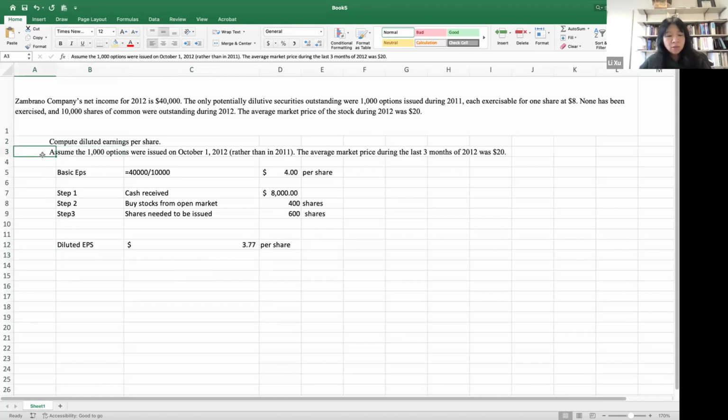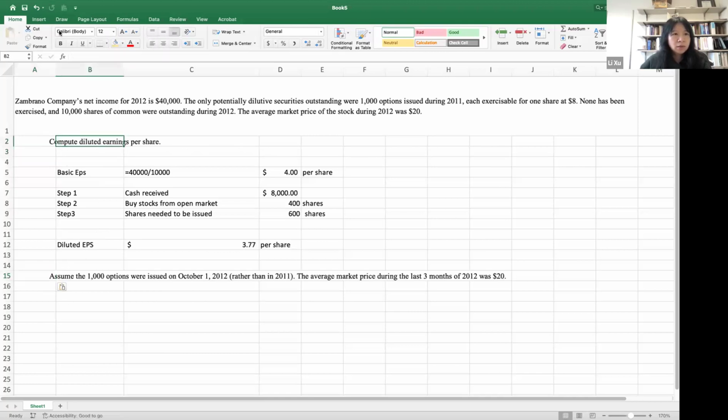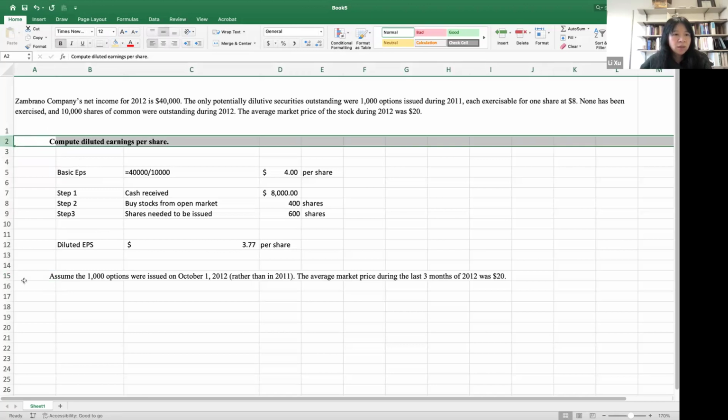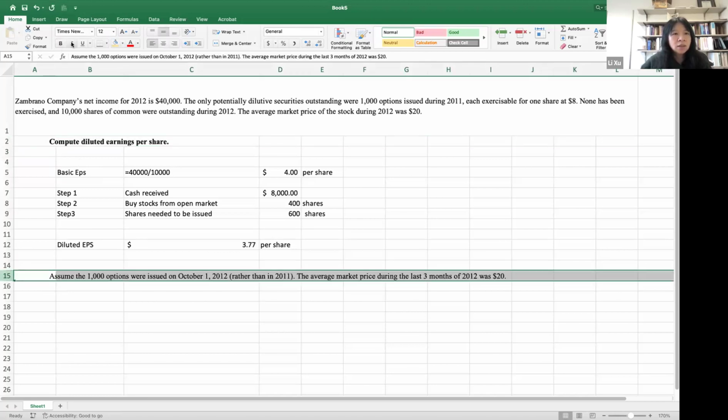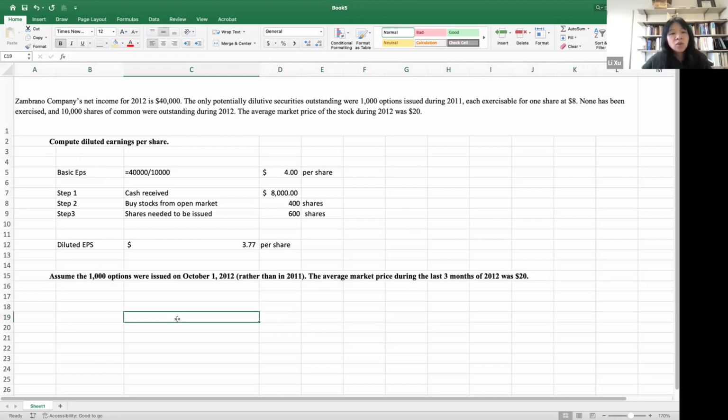Now look at question number two. They ask, what if we assume these options were issued in the middle of the year, not the year before? Is our answer going to change?